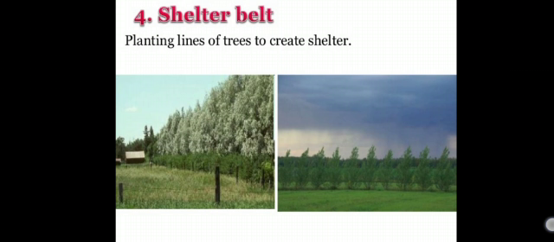And these rows of trees help in breaking the force of wind, thereby reducing soil erosion. And these shelter belts have contributed significantly to the stabilization of sand dunes in Western India.